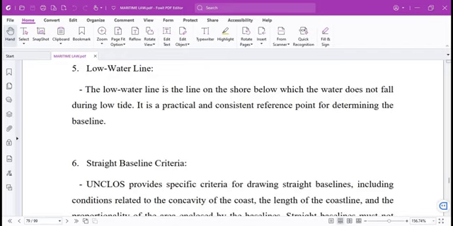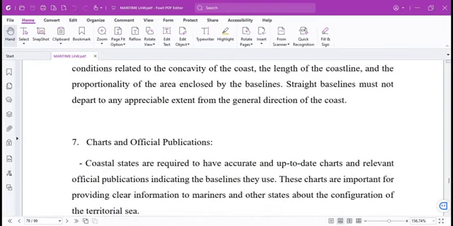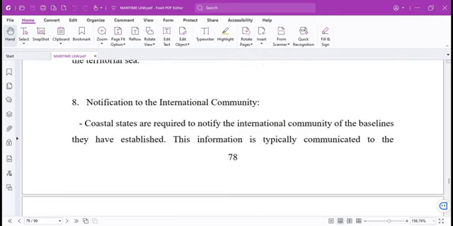You have the straight baseline criteria. You have the charts and official publication. You have the notification to the international community.